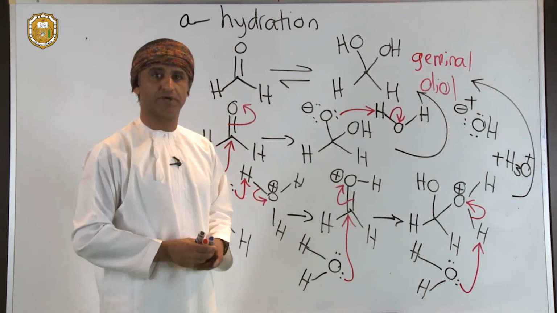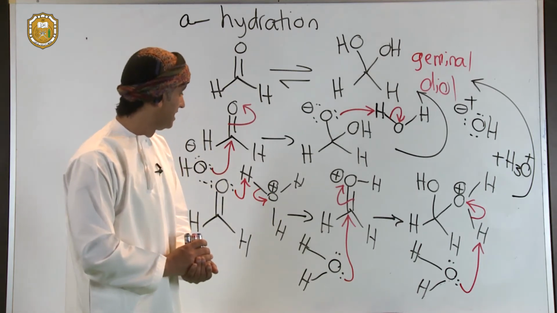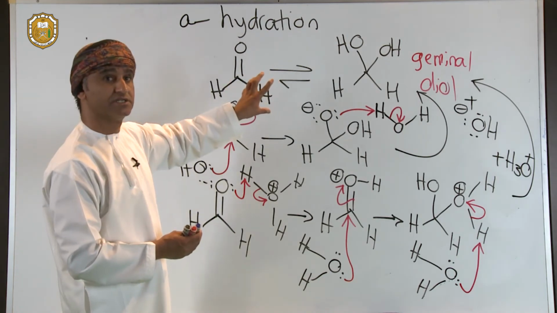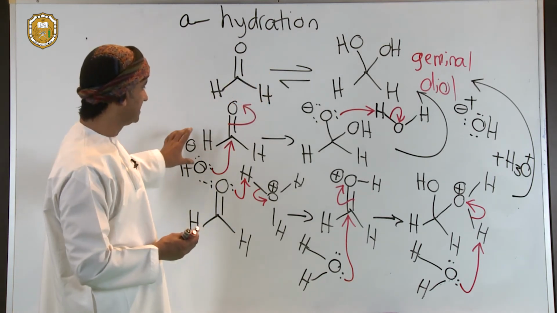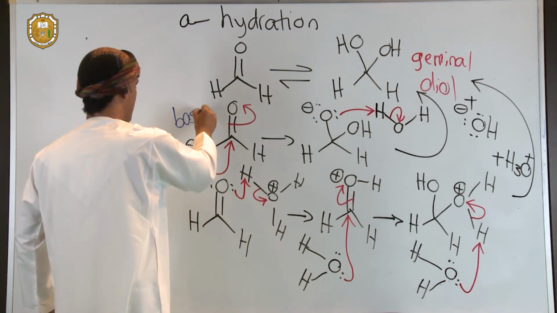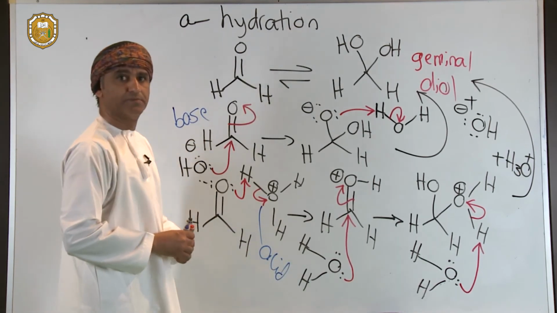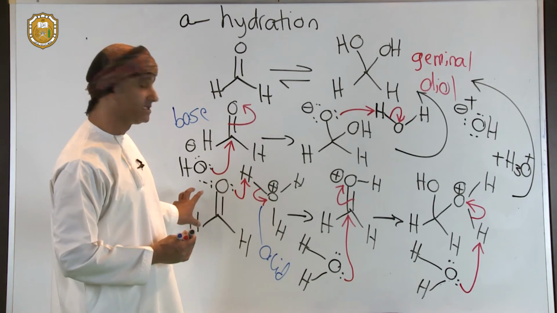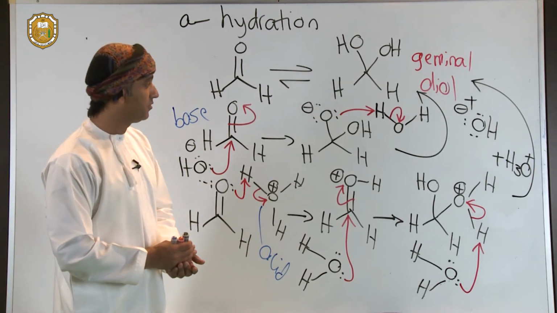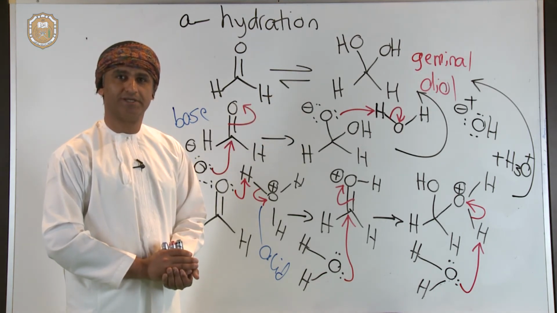And it should be regenerated because it is a catalyst, a species that speeds up the reaction but never gets consumed. So in this hydration reaction, the reaction can be catalyzed either by a base or by an acid such as the hydronium ion. So acid or base catalysis allows hydration reactions of aldehydes and ketones in general to form the corresponding geminal diols, or 1,1 diols.